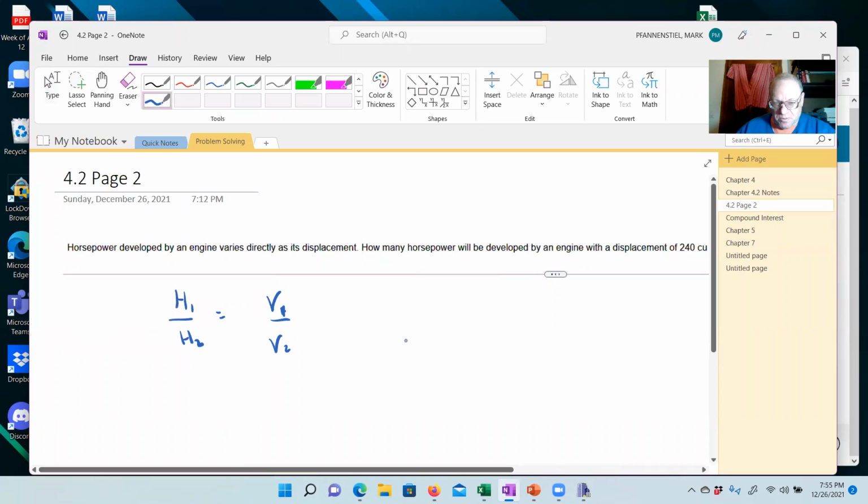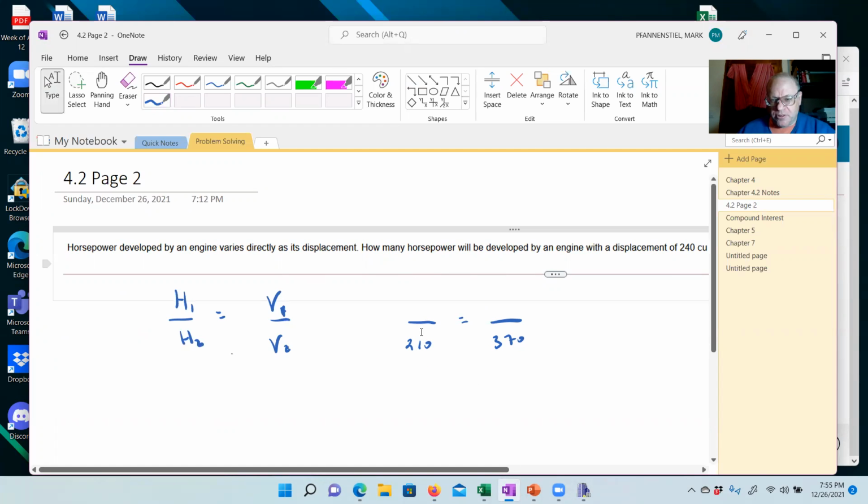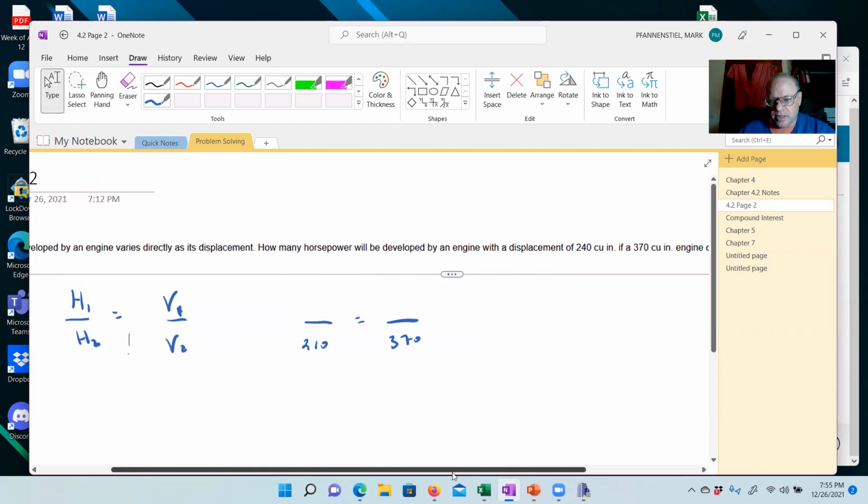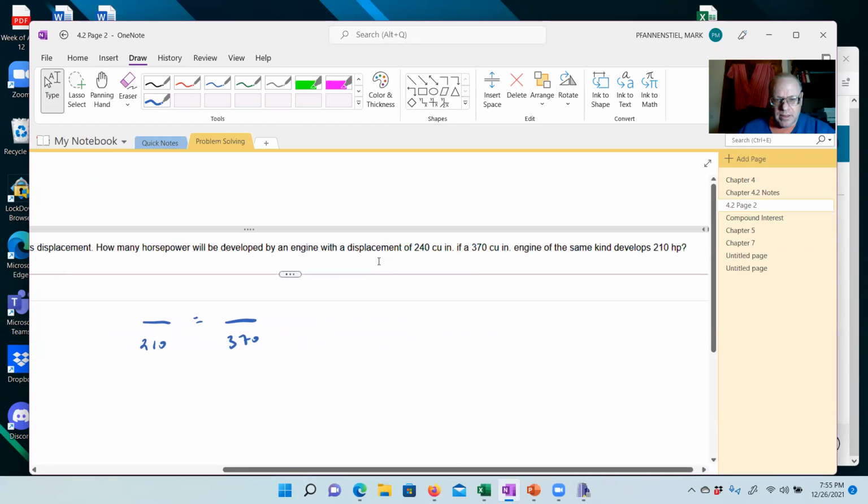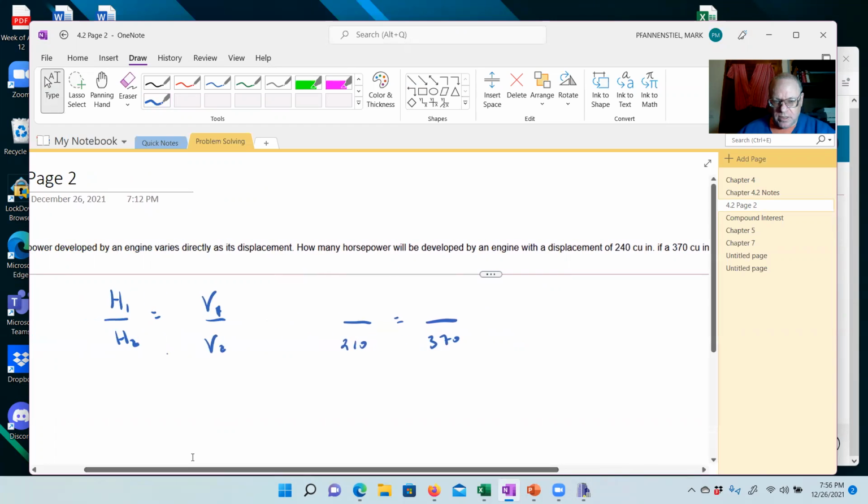So we had 210 horsepower and 370 cubic inches, volume and horsepower. Then what else do we need to know? They want how much horsepower for 240 cubic inches. So horsepower 1 over 240.